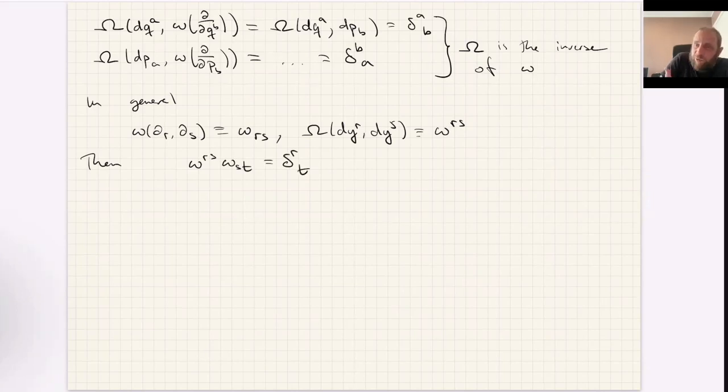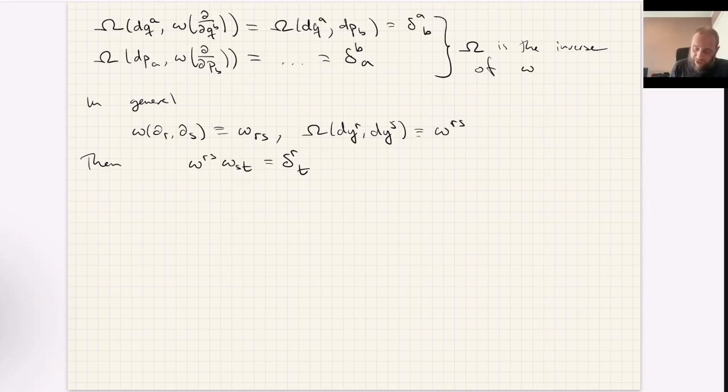So this is similar to what you have in a Riemannian manifold with the metric, right? Just that omega here is antisymmetric, whereas the metric is symmetric, but it's similar. In the metric case, we have the metric itself, which maps vectors to dual vectors, and we have the inverse matrix, which goes in the other way.